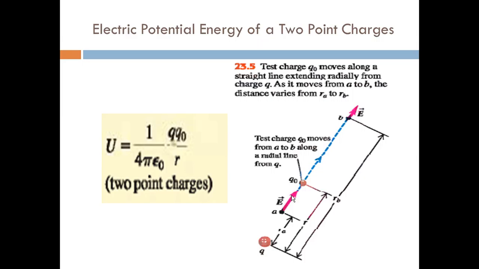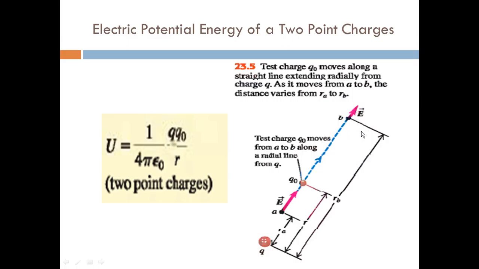Therefore, the work done associated in moving Q sub O from point A to point B is positive. And again, a positive work done is associated with a decreasing potential energy. So point A is actually the location of the higher potential energy.